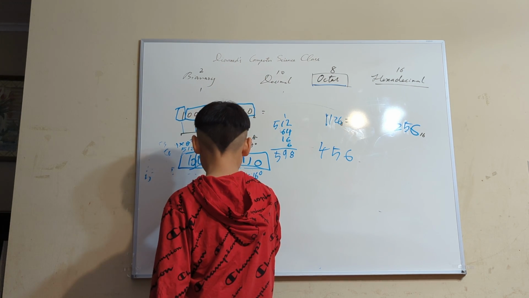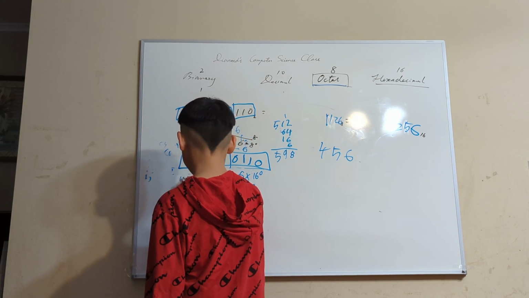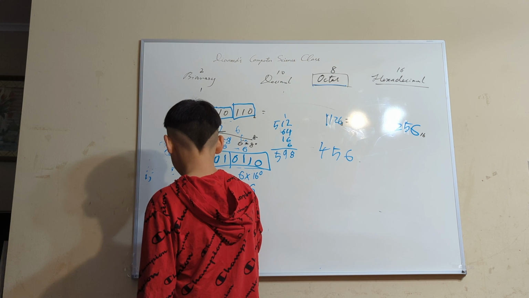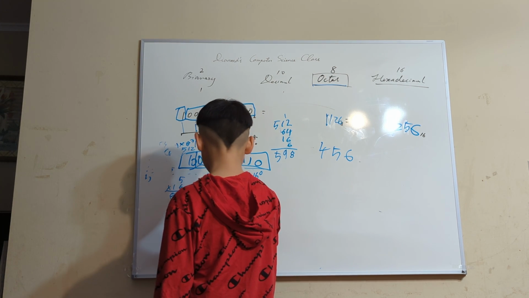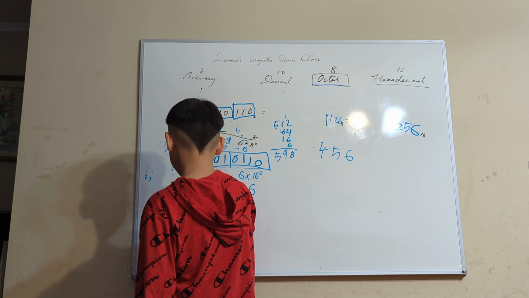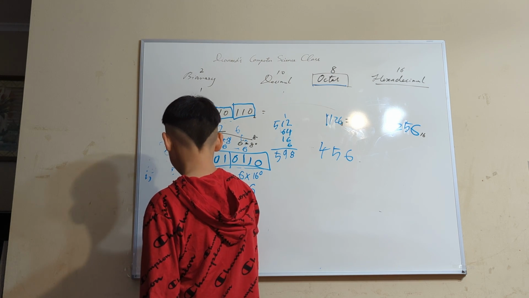This is 5 multiplied by 16 power 1. 5 times 16 is 80. 80? Right? Let me think. Divide by 5 is 30. Yeah, it's 80. Yes.